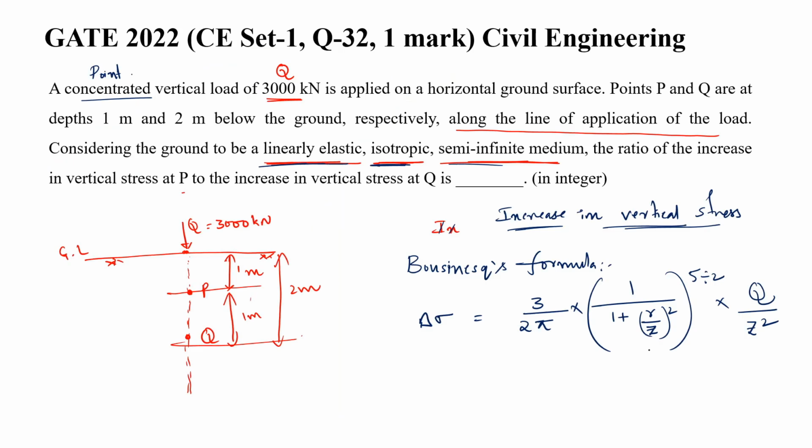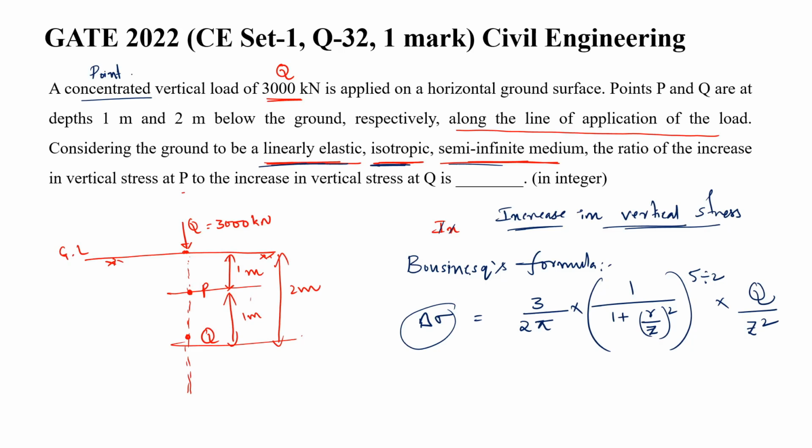And this is the distance between the ground surface and the point, the vertical distance. This is z, right? If you know these two values, r and z, you can substitute in this formula. And what is Q? Q is the load which is applied. You know z, you know r, you know Q. Then you can find out the increment in the stress at that point.